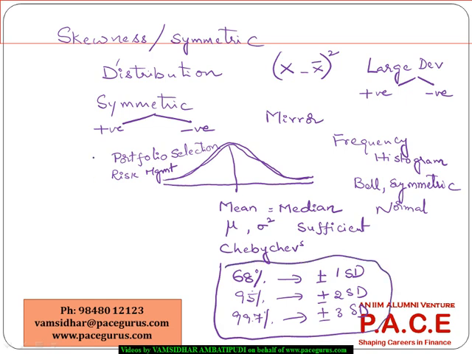But if it is non-symmetrical, then I say that that particular distribution is skewed. That skewness could be either a positive skew or a negative skew.